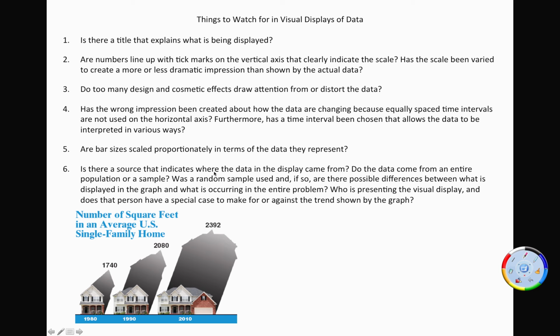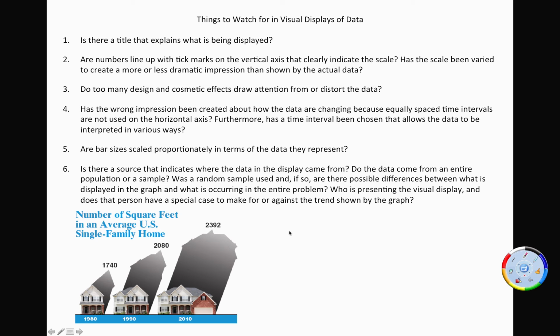Is there a source that indicates where the data in the display came from? Okay, always check your source. Back in the 70s, the tobacco companies had data that they were presenting that said cigarette smoking was not harmful to your health. Okay, always check the source. Do the data come from an entire population or a sample?